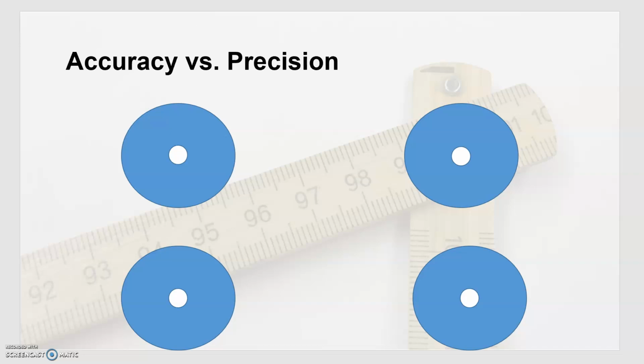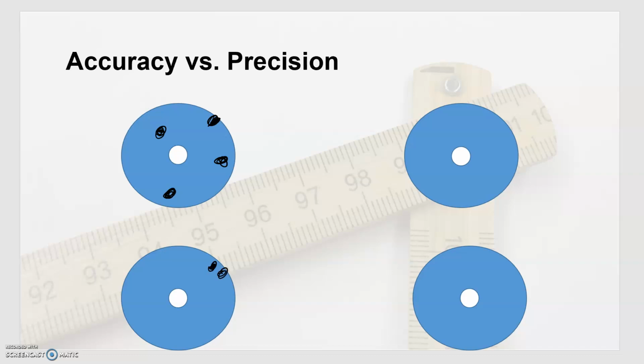And let's analyze them. Let's say we take a measurement, we get that, and we get that, and we get that. Okay, now this is not that precise. Every time we take a measurement, it's kind of different. But if you average those together, then you're going to end up being pretty close to the mark. So this is actually accurate without being precise.